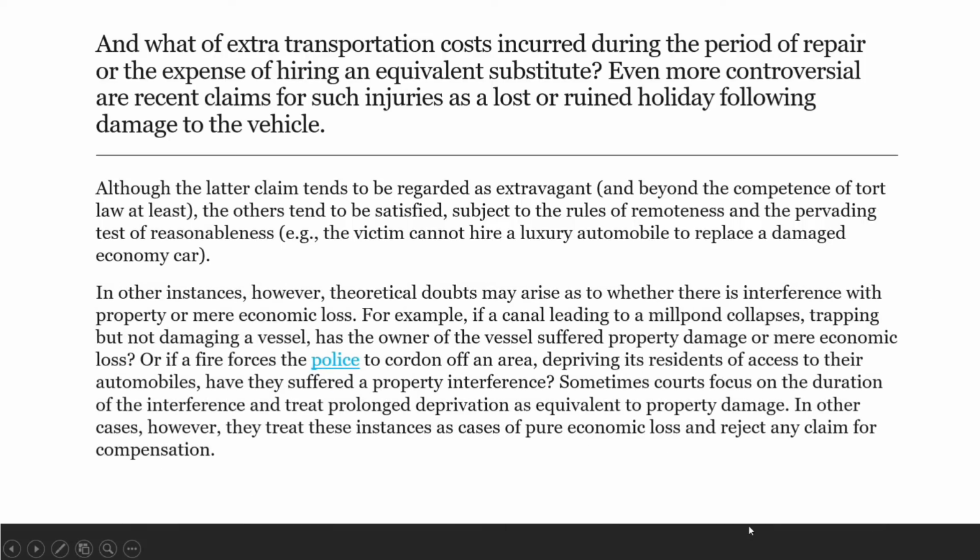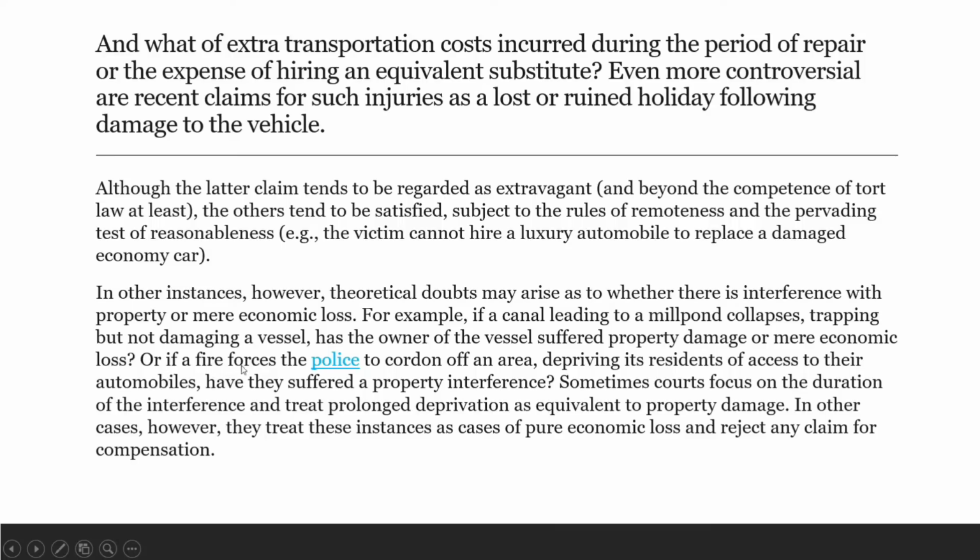In other instances, however, theoretical doubts may arise as to whether there is interference with property or mere economic loss. For example, if a canal leading to a mill pond collapses, trapping but not damaging a vessel, has the owner of the vessel suffered property damage or mere economic loss?